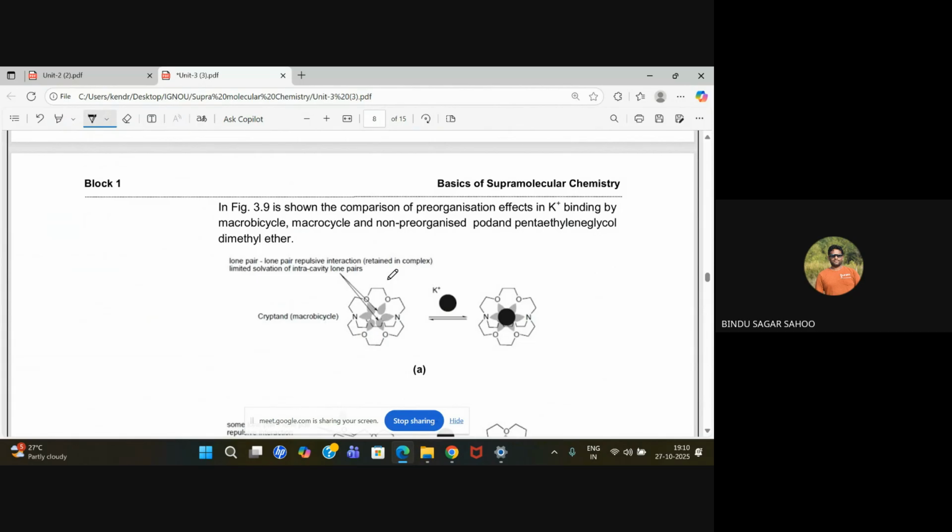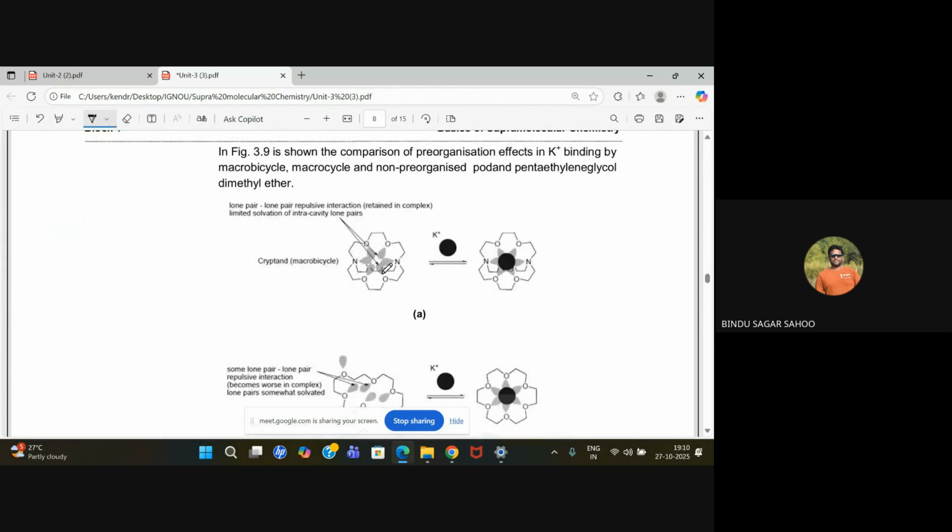Due to this repulsion, the cryptand complexes sometimes lose a little of their stability. Cryptand complexes are definitely stable, but their stability can decrease a little due to the repulsion between the donor atoms, or the repulsion between the intracavity lone pairs.